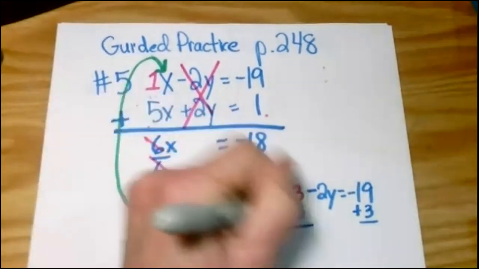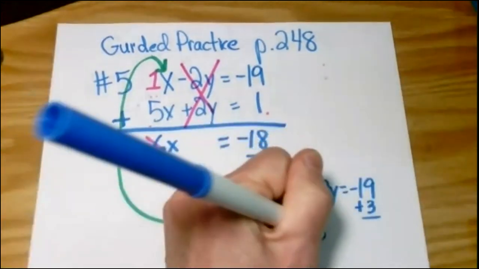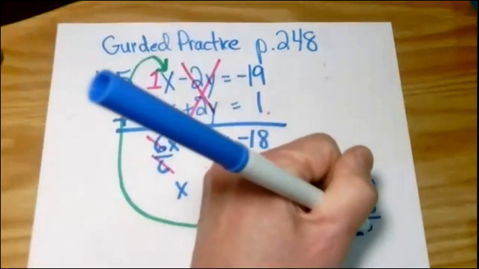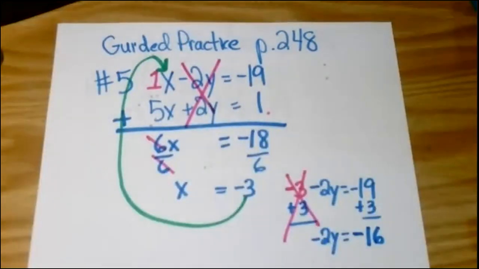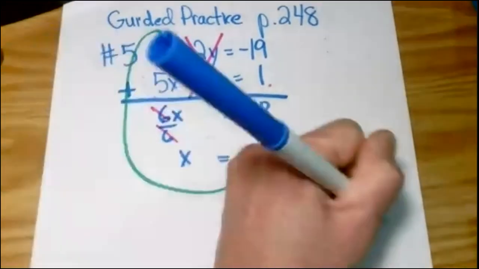These will cross off. And now I have left -2y equals, be careful on this, you owe me $19, -19. You pay me the $3 you have in your pocket. You're still going to owe me how much? -16, correct. Divide both sides by -2.